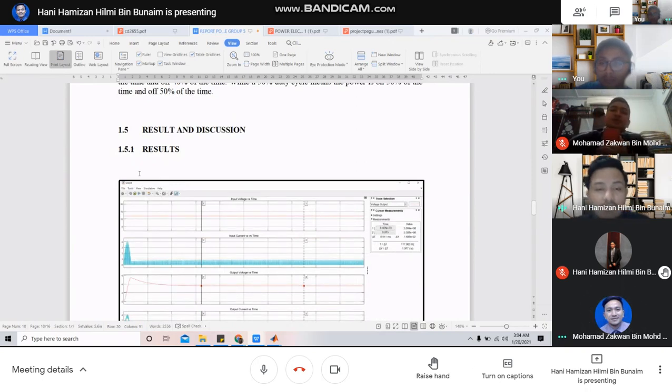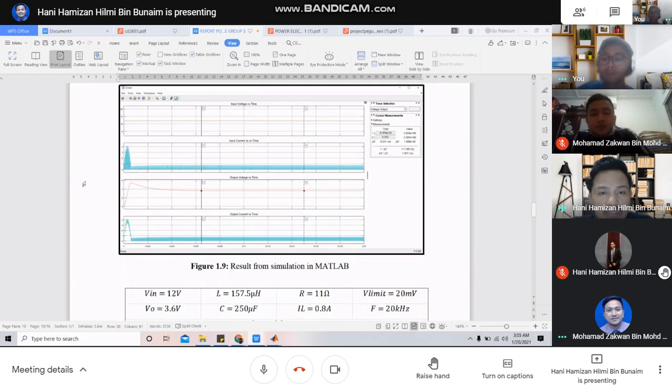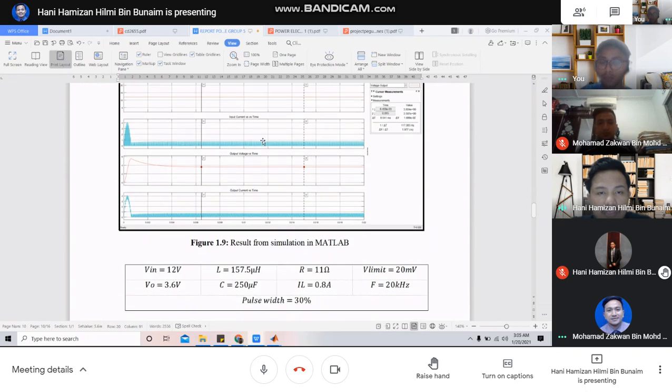Right, so my name is Hani Hilmi. I will explain about the result and discussion. For the result, this is our result from the simulation in Simulink. It first shows the input voltage versus time. This is the input current.